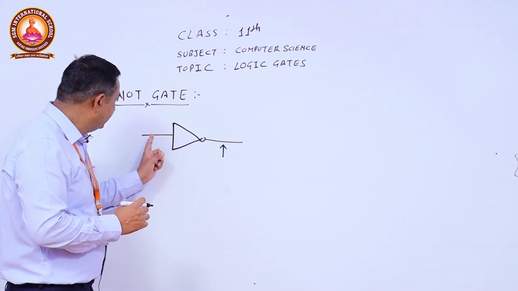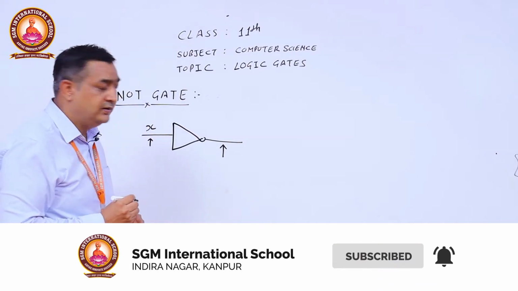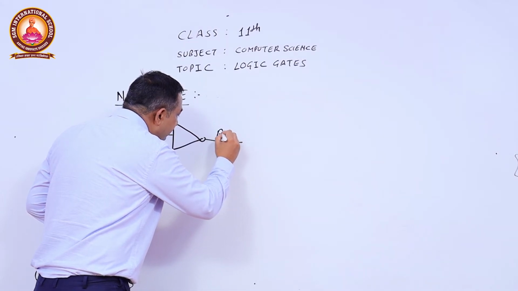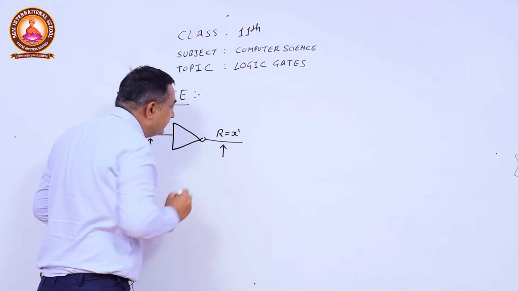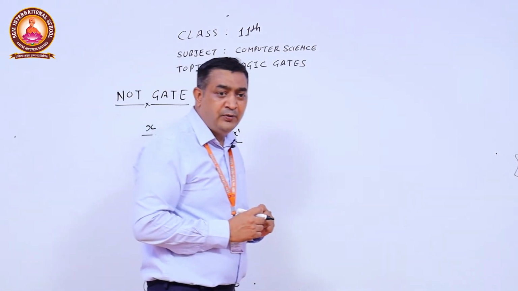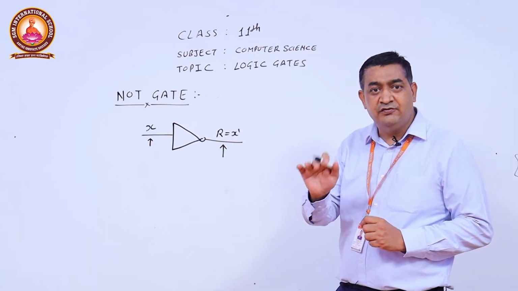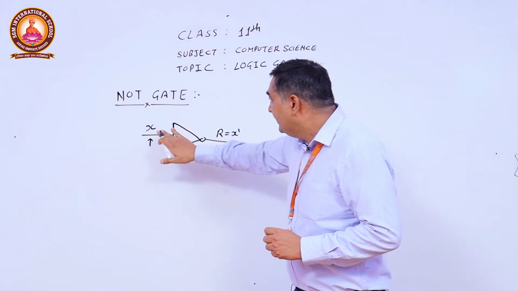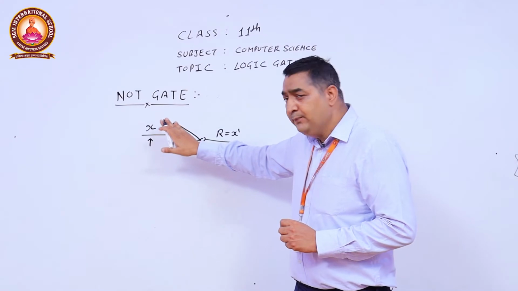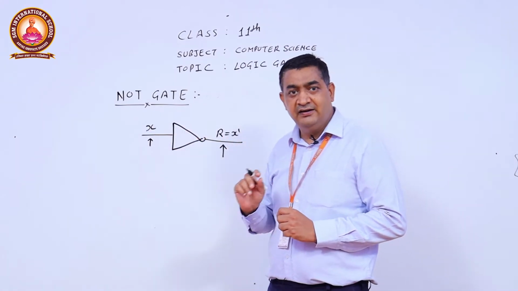This is one input, so it is represented by X. And this is the output, represented by R. This is the only gate which requires only one input and produces only one output. The output is always the inverse of the input. Means if the value of X is low, the output will be high. If the input is high, the output will be low. It is also known as an inverted gate.